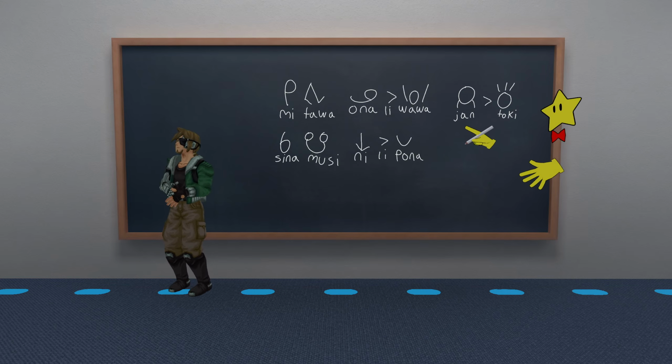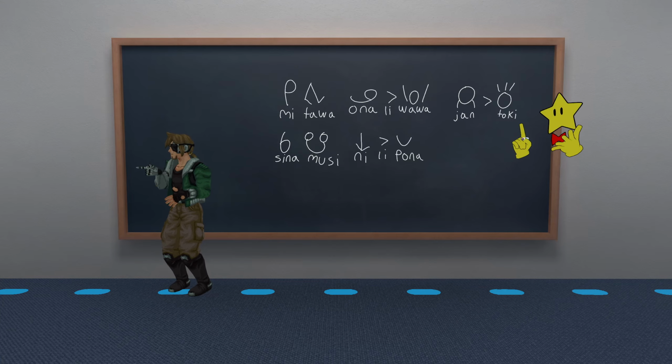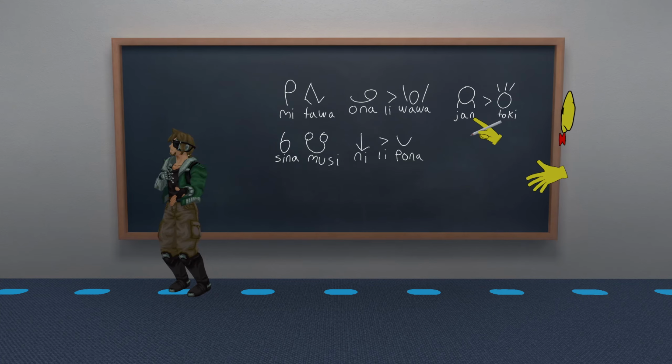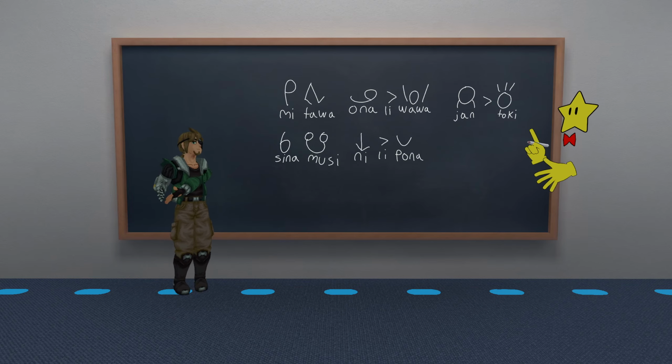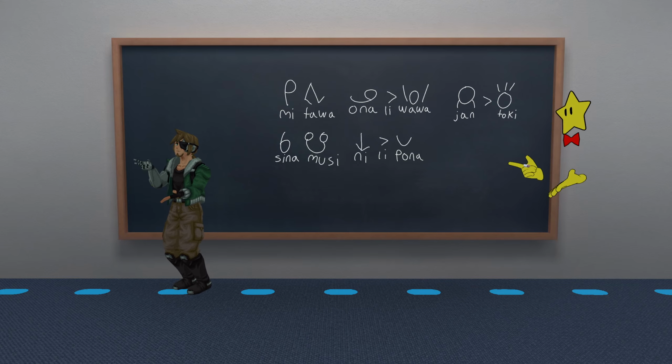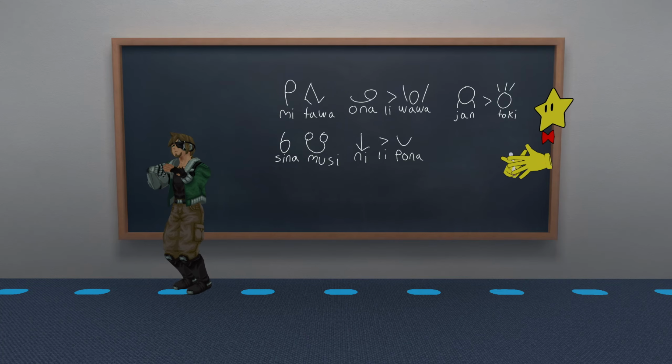Jan being person or being. Remember, number doesn't matter, so it could be any number of people. Li toki. Toki is speech, conversation, thought, or language. So jan li toki is a person is speaking, or a person speaks, or people converse, maybe.